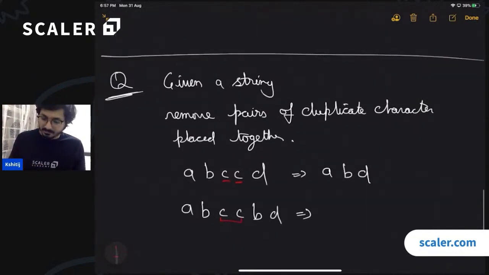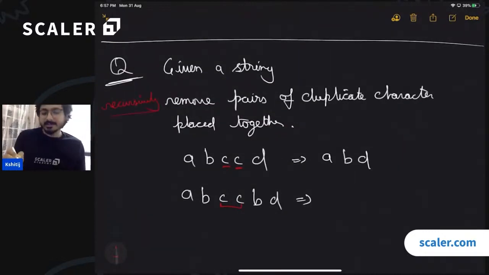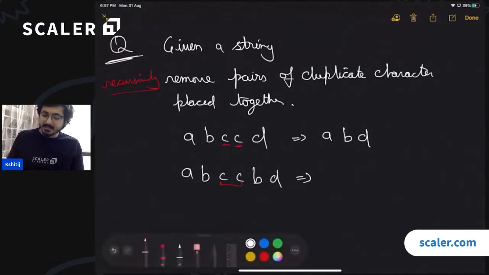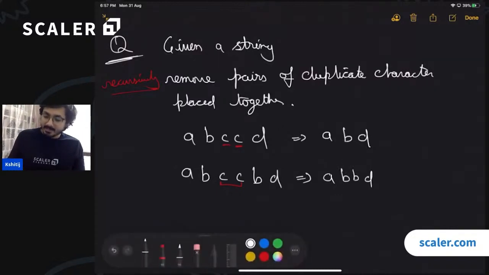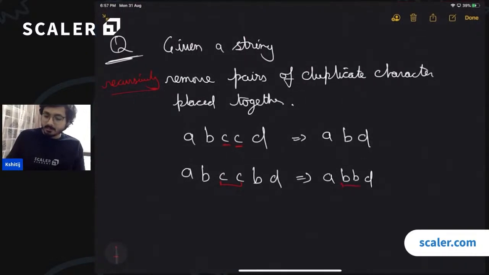Let me add something extra here: you have to recursively remove pairs of duplicate characters. If you remove C and C, then the string that you get is A, B, B, D. Now even in this string, B and B form a pair of duplicate characters, so you will have to remove this as well. The final output is going to be A, D.